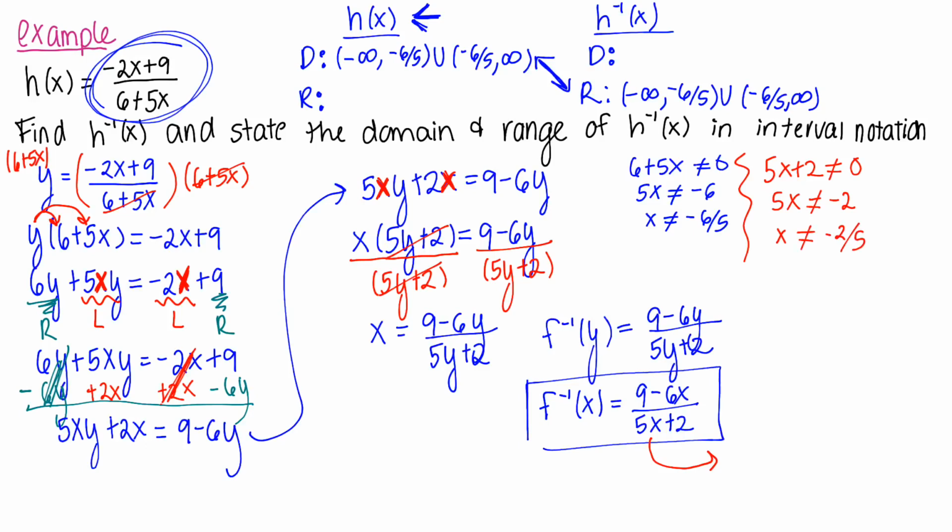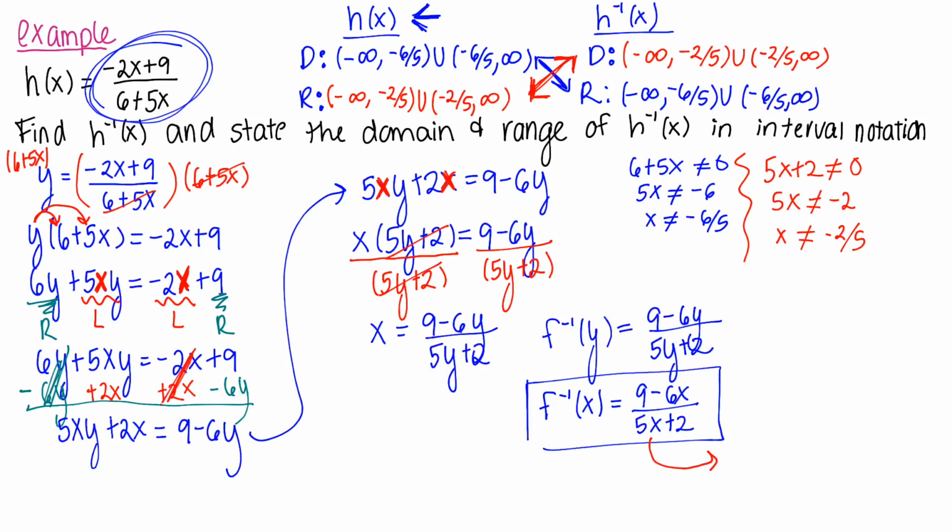So the domain of h inverse is negative infinity to negative 2/5, and then we pluck that number out, negative 2/5 to infinity, and that's going to be the range of h of x. So this is negative infinity to negative 2/5 union negative 2/5 to infinity. And that's that.